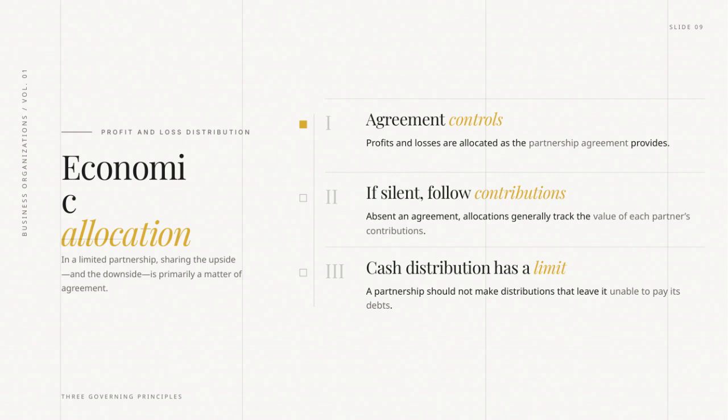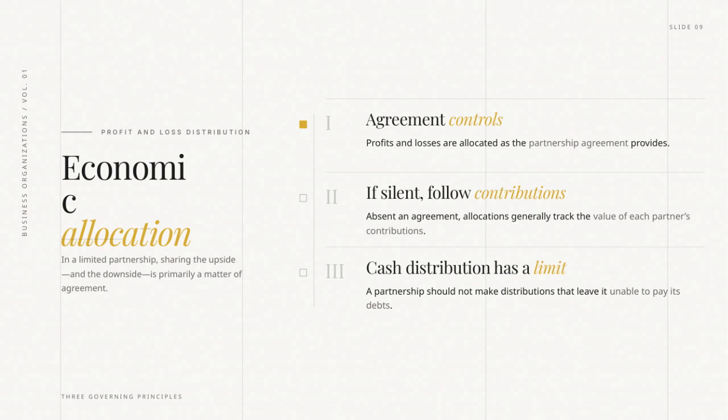If the agreement doesn't specify how to allocate these, then the distribution typically follows the value of each partner's contribution to the partnership. Another important principle is that cash distributions have limits. A partnership must ensure that any distributions it makes do not leave it unable to pay its debts. This means the business should remain financially solvent even after distributing profits to the partners.